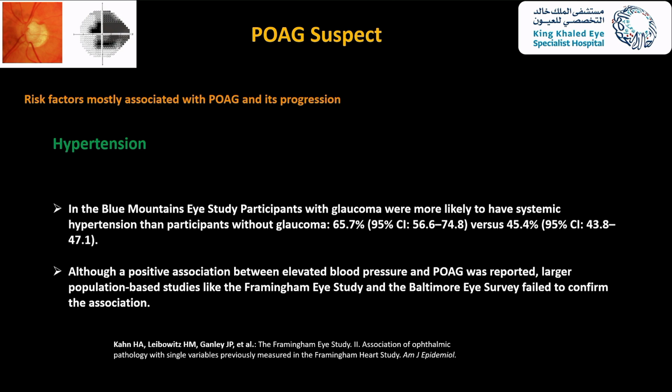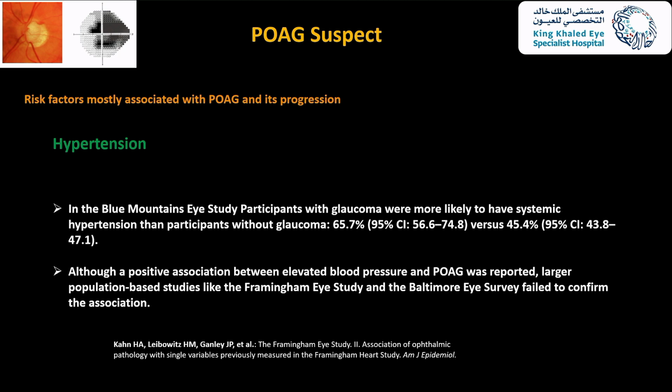Hypertension: in one of the studies, the Blue Mountains Eye Study, they investigated hypertension and diabetes with glaucoma. Patients with glaucoma were more likely to have systemic hypertension than participants without, 65% versus 45%.